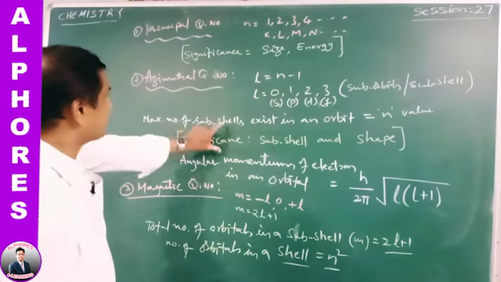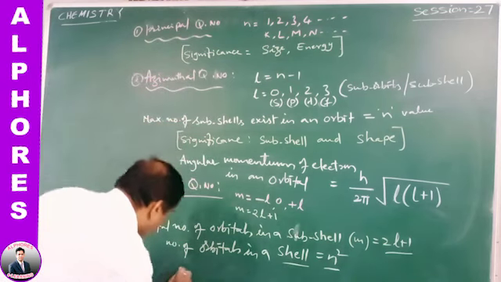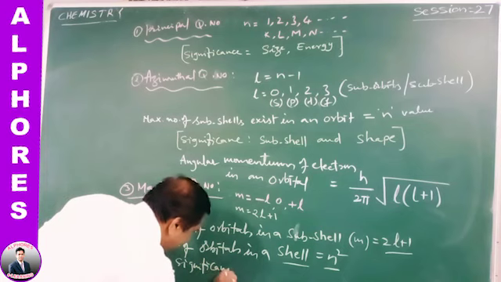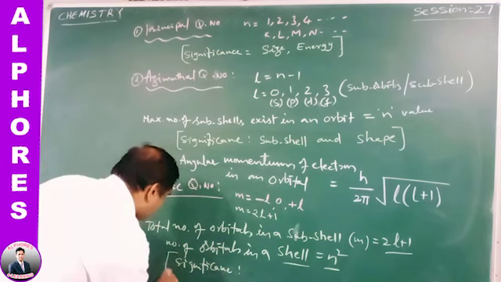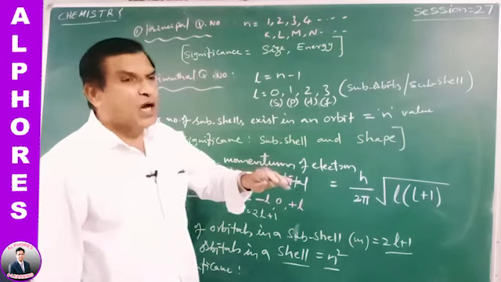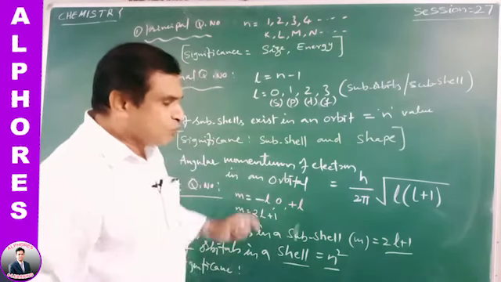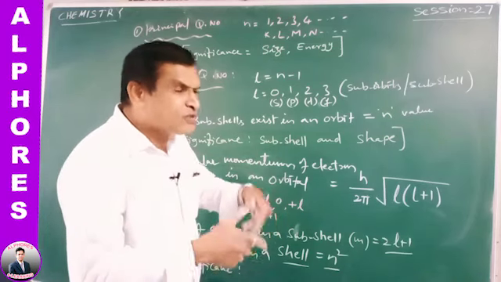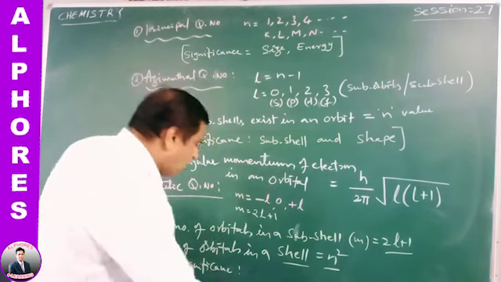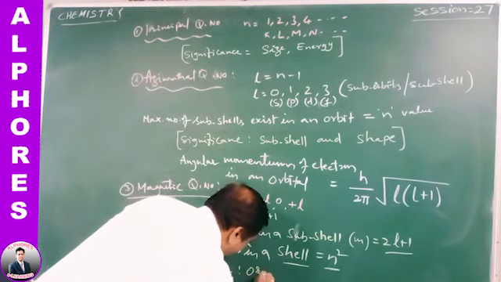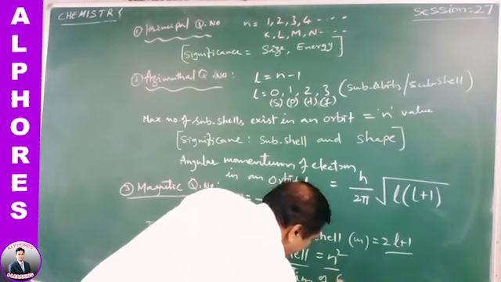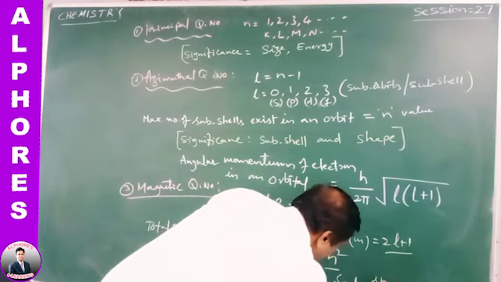The significance of the magnetic quantum number is that it explains the orientation of the suborbit. The orientation of the suborbit gives the number of orbitals that exist.